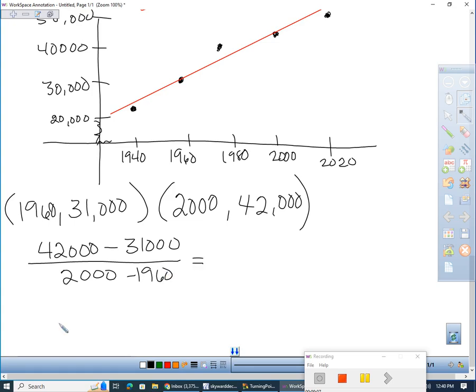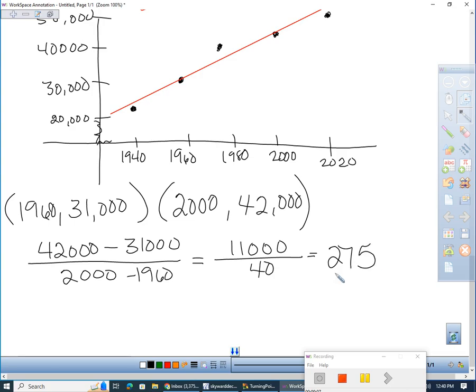So 42,000 minus 31,000 is 11,000. 2,000 minus 1960 is 40. And you guys got 275? Okay. All right, so our slope is 275.